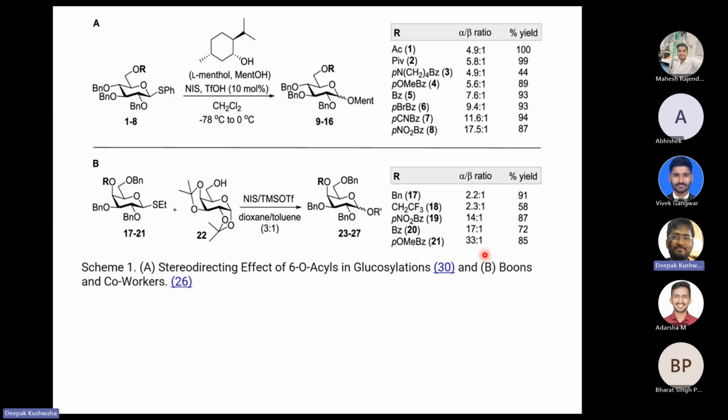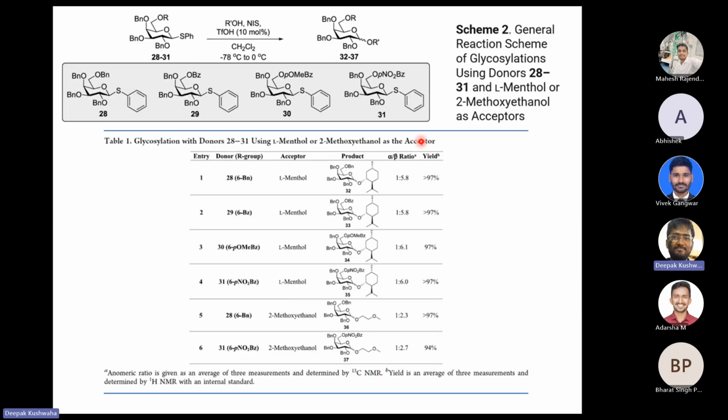So there could be many possibilities. There is a possibility that some intermediate may be forming, or that just the electronics are playing the role. So to solve that, they started their study on galactose to check whether whatever they have done earlier on glucose is applicable on galactose or not.